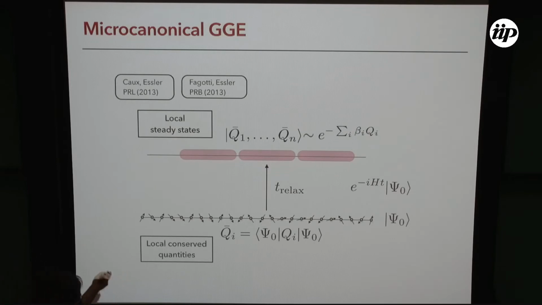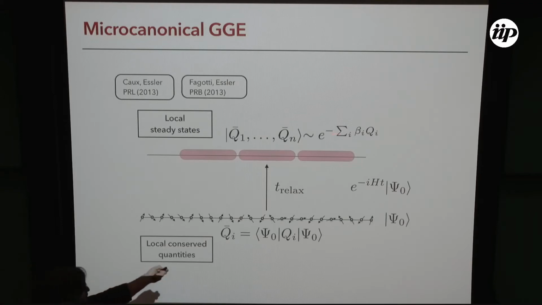So this now characterizes the local correlations in this subpart of the system. And this is fixed by the local conserved quantities, because it's a local steady state, okay? So I have a number of local conserved quantities, n, which can be 1, 2, 3, 4, or infinite in the case of integrable. I have to evaluate the expectation values, and this fixes the microcanonical GGE. You can just say that locally the system is equivalent to being in one of its eigenstates, like, for example, a thermal eigenstate in the eigenstate thermalization hypothesis.